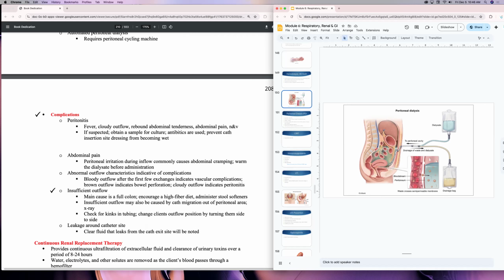Why? Because your GI tract, your intestines, everything, that's how nutrients get into your bloodstream, right? From what you eat.